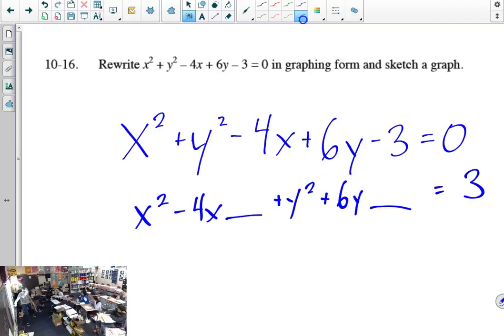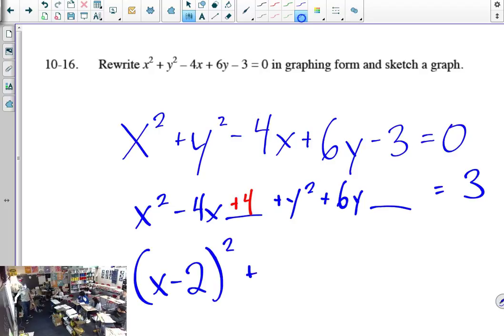So this would need to be x minus 2 to make that happen. Then this would have to be plus 3 something. So, plus 9.